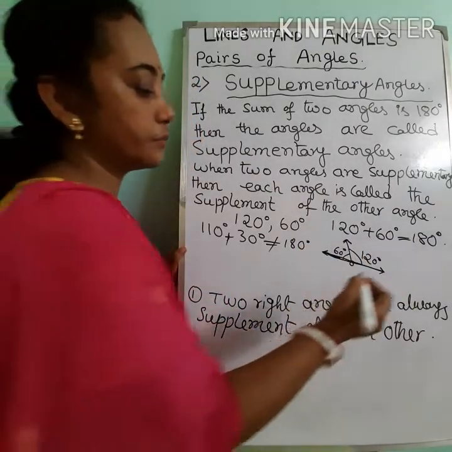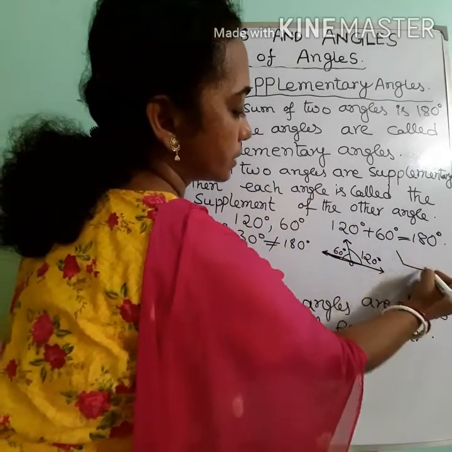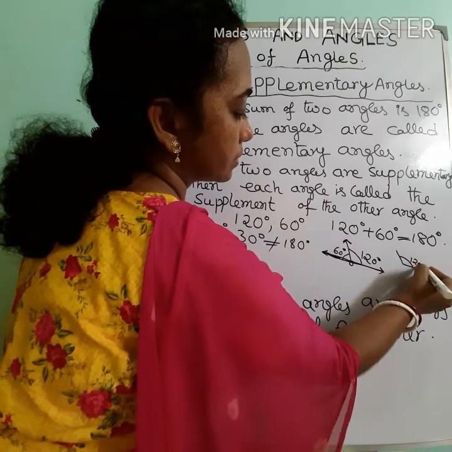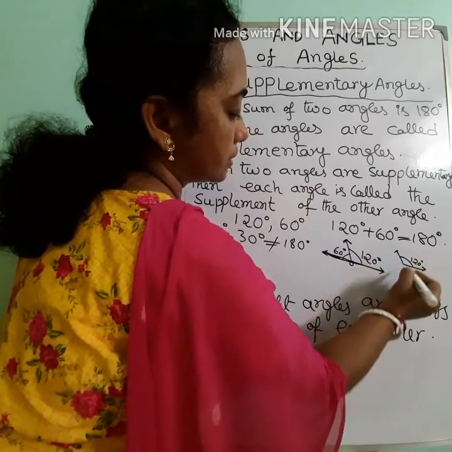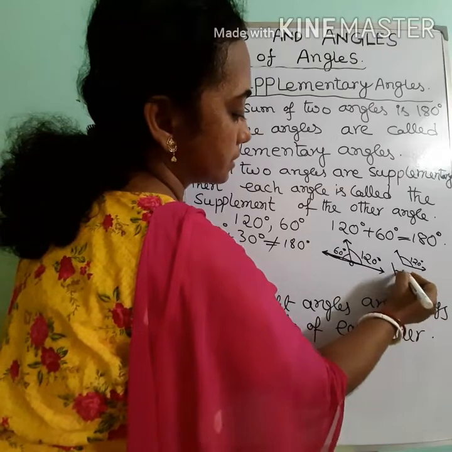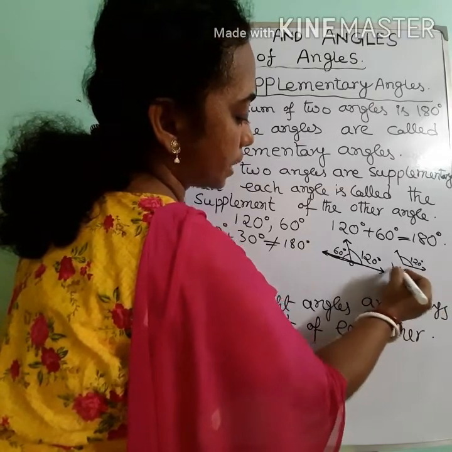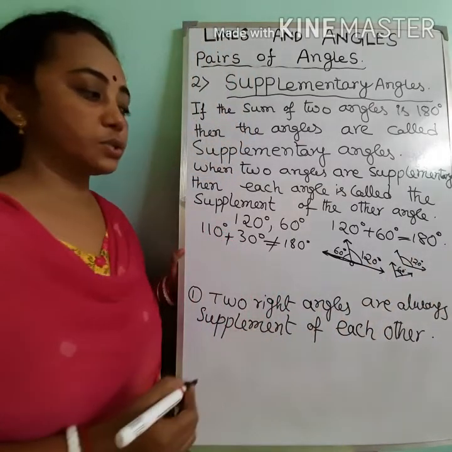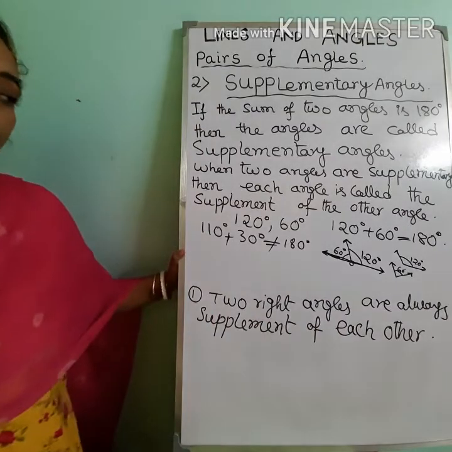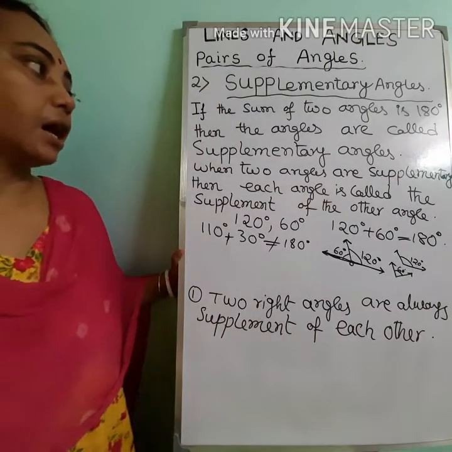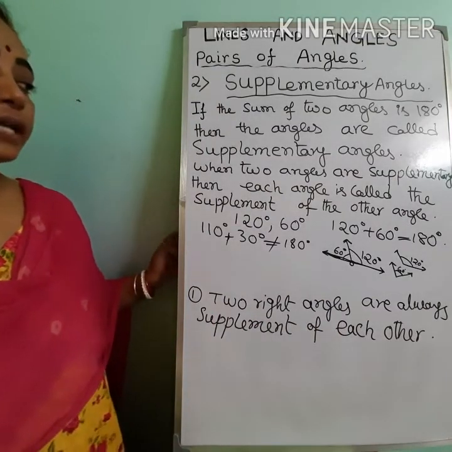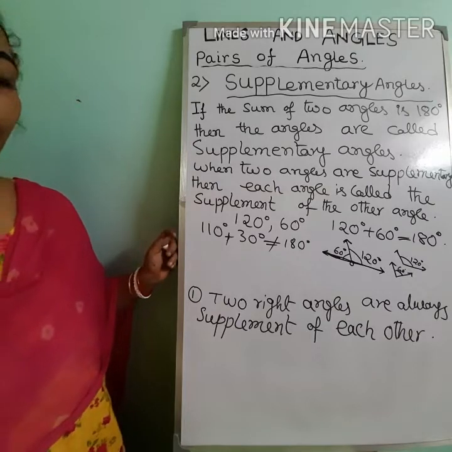We can show it in a different way also, that this is 120 degrees and this is 60 degrees. As these two sum to 180 degrees, these two angles are supplementary angles. Now when two angles are supplementary, each is called the supplement of the other.